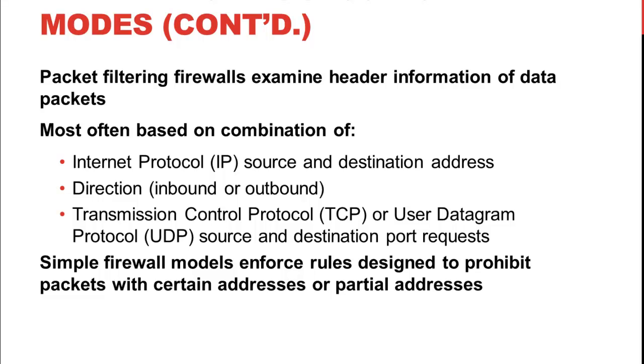Packet filtering firewalls are probably the most common, so we'll talk about those first. They're designed to examine the header information of a data packet that comes into the network. Restrictions are most commonly implemented based on a combination of source and destination IP address, whether it's an inbound or outbound communication stream, and the TCP and UDP source and destination port requests as well.